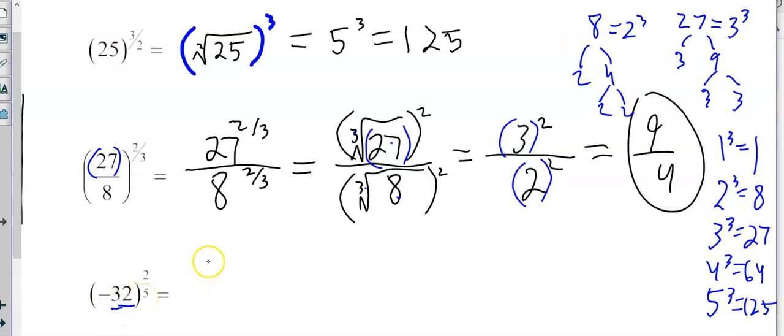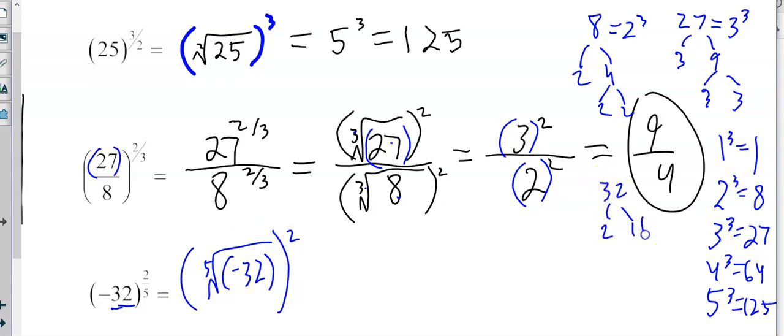So this one, if you rewrite it, the negative 32 would be the fifth root of negative 32 to the second power. So I'm going to do the prime factorization of 32. Let's see what happens. 2 and 16, 2 and 8, 2 and 4. That's really 2 to the fifth power.